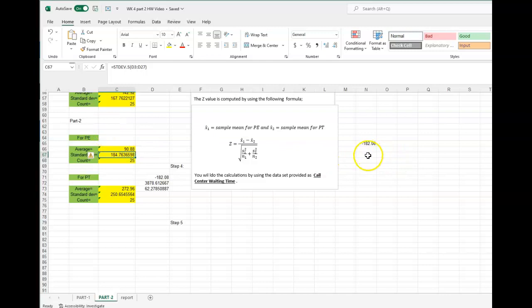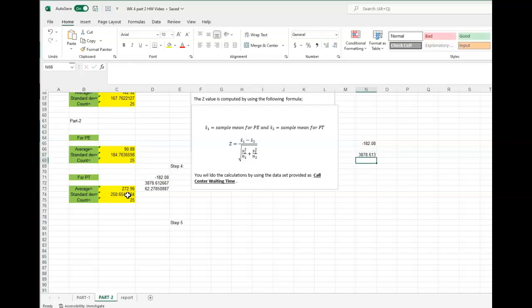So this is equal to standard deviation squared divided by 25. Now in your case, it is not going to be 25, it's going to be much higher because the number of observations is much higher in your case. You need to pay attention to that. So this squared divided by 25.